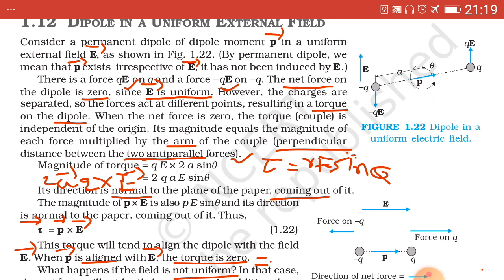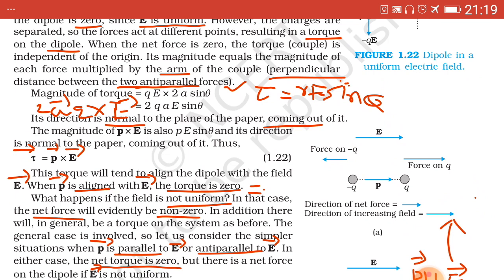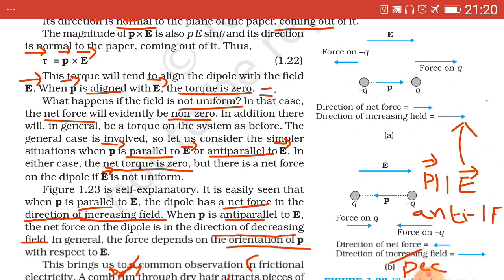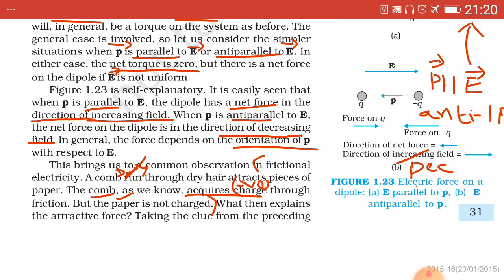Hence, two arrows are shown in mutually opposite directions, the arrow of E and the force on Q, the force on minus Q. Hence, the force depends on the orientation of the dipole moment vector P with respect to the electric field intensity vector E.